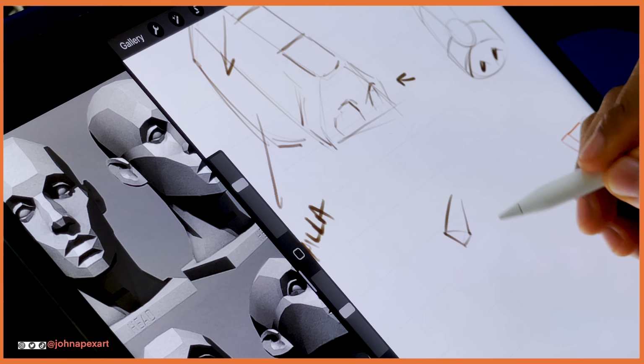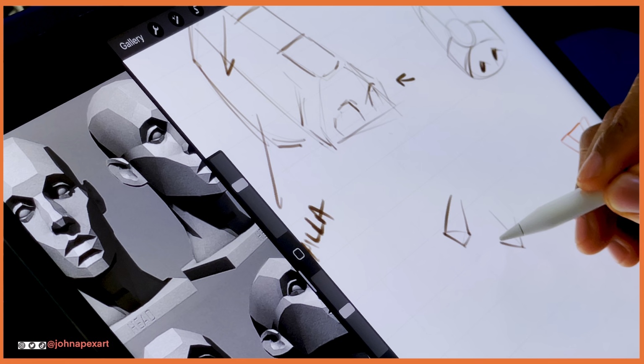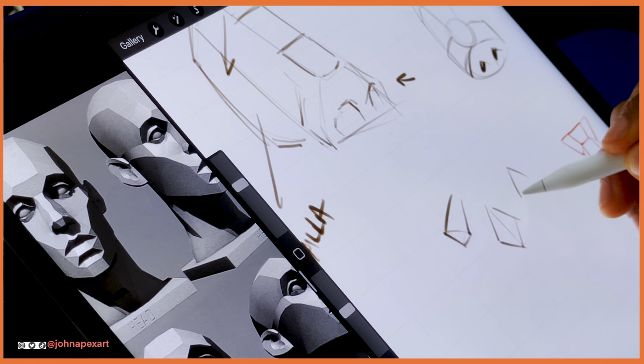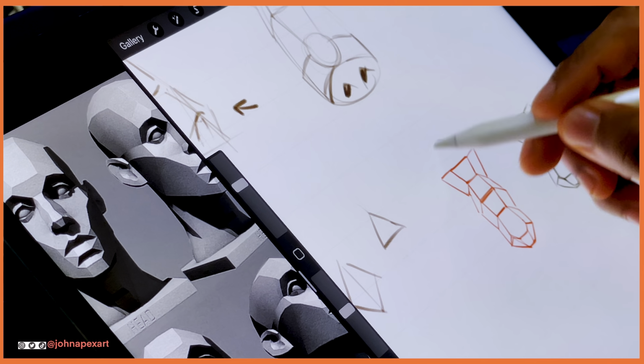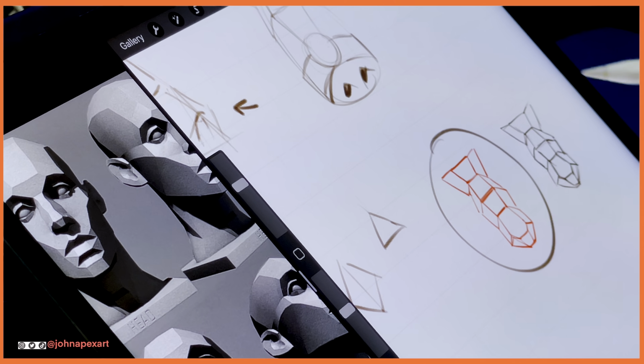Draw them in different angles, bottom view, top view, draw them in different angles so that you can familiarize yourself with this structure. And then whilst you're doing that, you can get some actual real life noses. You can take a picture of your own nose, and then use that to practice.